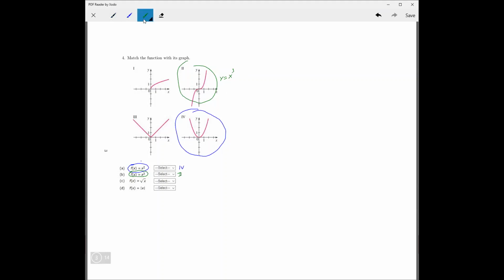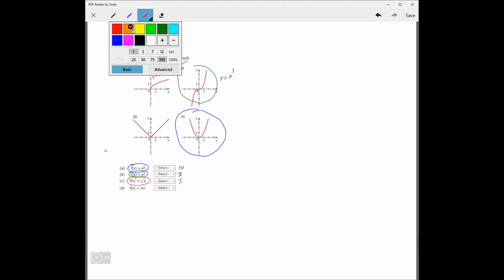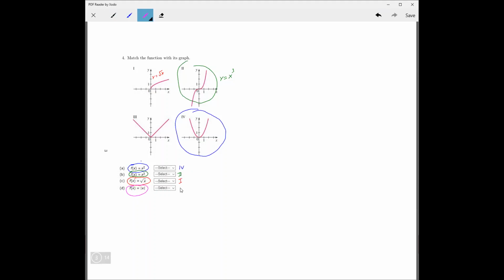The square root function is another important function, and that's going to be number 1 here. And then finally, the absolute value function, which is number 3.